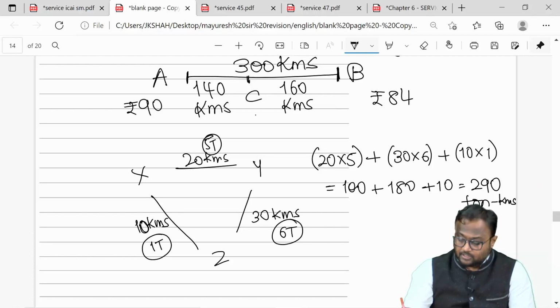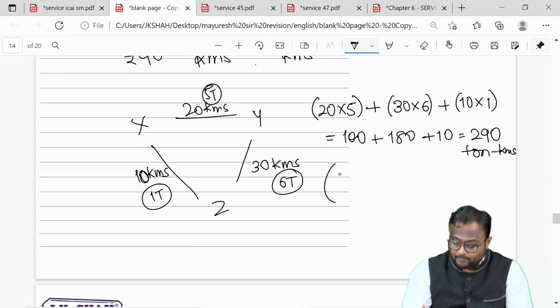Had it been commercial ton kilometers, then my calculation would have been different. 20 plus 30 plus 10 kilometers I travelled.